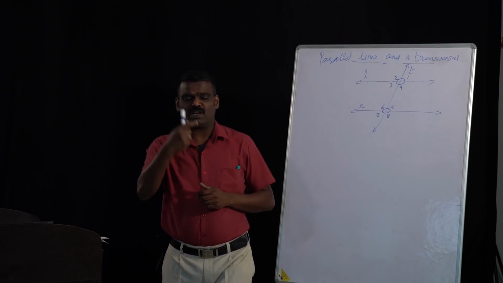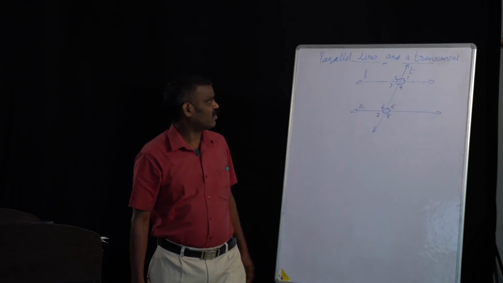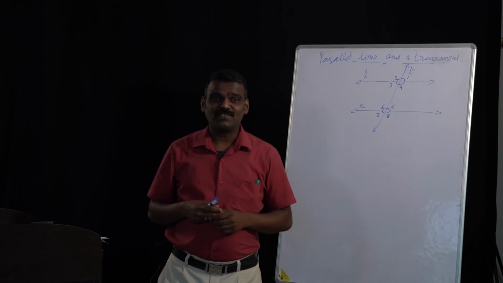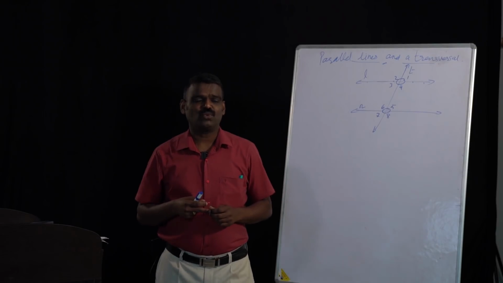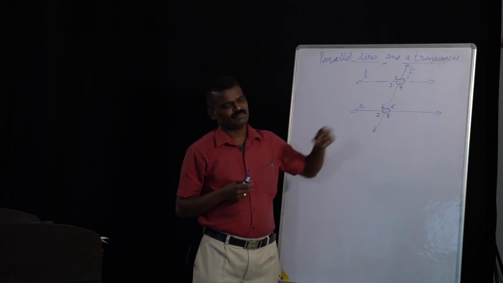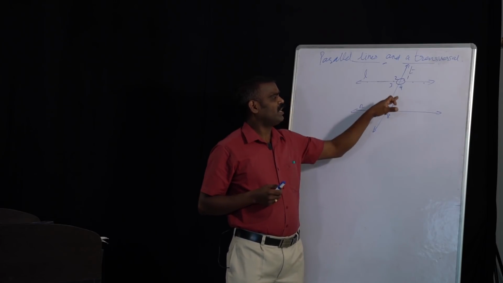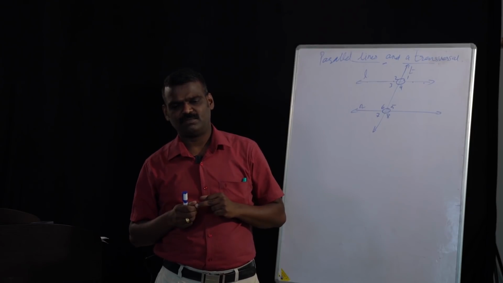The eldest one will come forward to challenge. When the eldest one is coming forward to challenge, then who will come from the second family? Eldest one or youngest one? Eldest one, right? Angle 5. That means among these two, 1 and 5 have some relation. That's what we are going to find out.